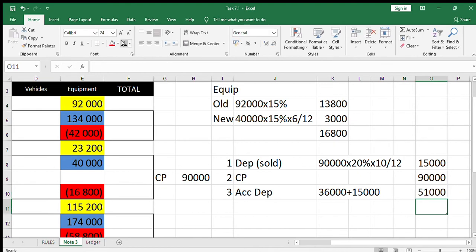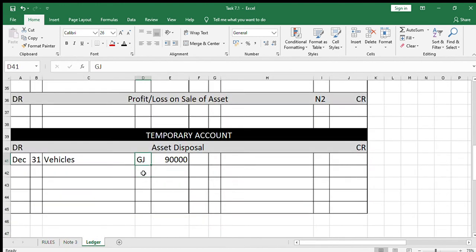Now this is the step where many people go wrong, so you must make sure that you get this right. It's the accumulated depreciation given to you in the question from the previous years plus your answer from step 1. So 51,000. Let's go to the ledger accounts. In the asset disposal account, accumulated depreciation goes to the credit side, so that would be here 51,000.